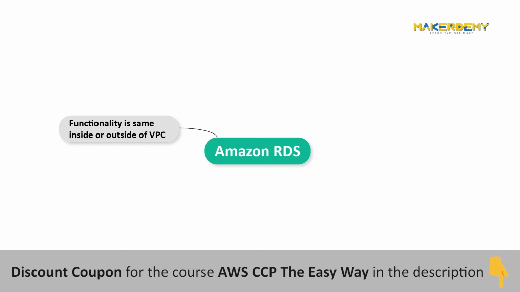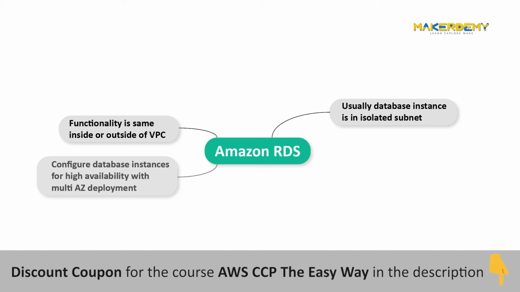The functionality of Amazon RDS is the same whether it is in your VPC or not. Usually, the database instance is isolated in a private subnet and is only made accessible to indicated application instances. One of the powerful features of Amazon RDS is its ability to configure database instances for high availability with a multi-AZ deployment. Once configured, it automatically generates a standby copy of the database instance in another AZ within the VPC.